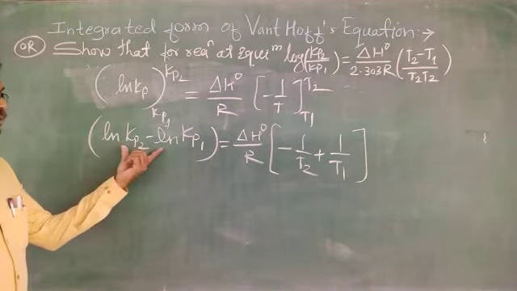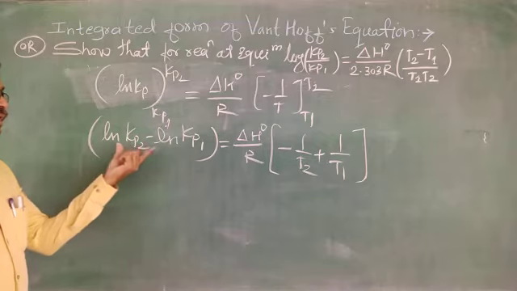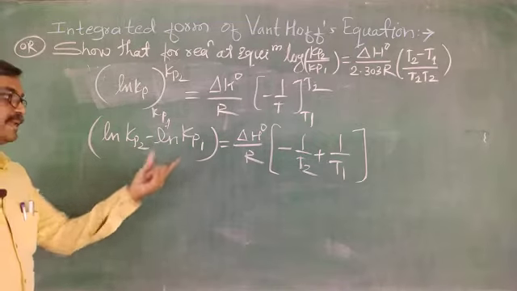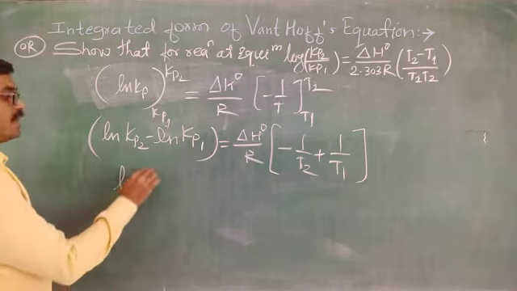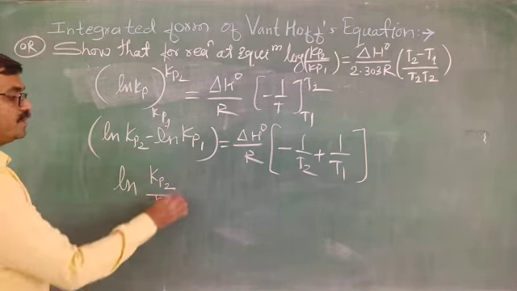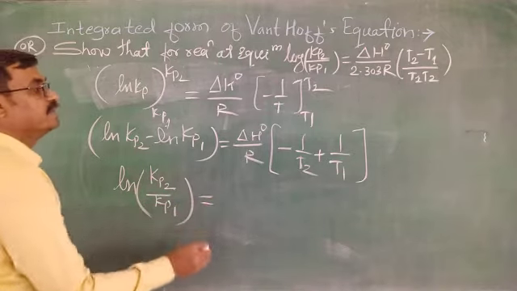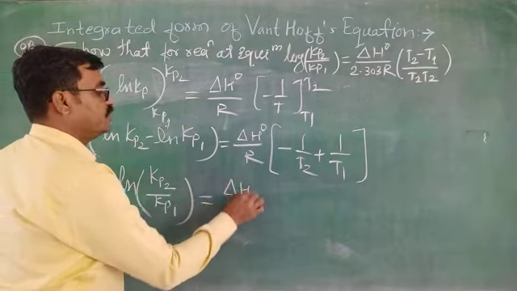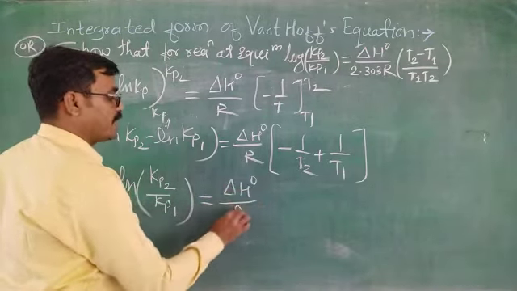Now the logarithmic rule: log m minus log n is log m upon n, that's why Kp2 upon Kp1. This is the left side. Then delta H0 upon R times 1 upon T1 minus 1 upon T2.